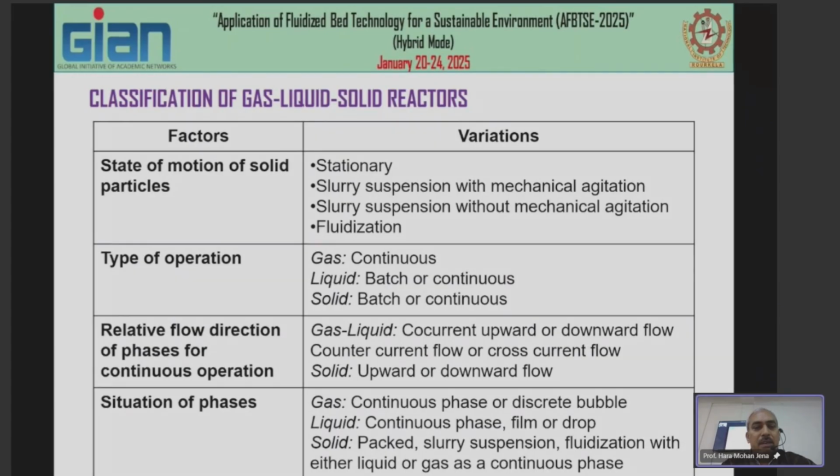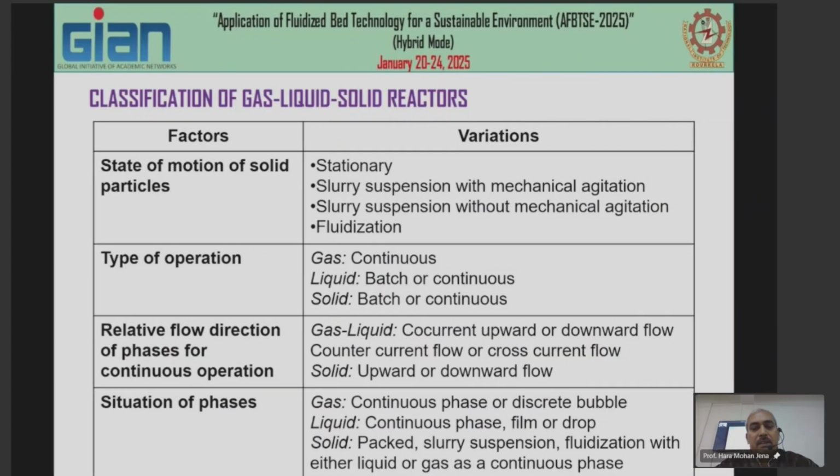Then the types of operation, the liquid phase or the gas phase. Gas is continuous, liquid is either batch or continuous, and solid is batch or continuous. The relative flow direction of phases for continuous operation: gas and liquid co-current upflow or co-current downflow, then counter-current flow or cross-current flow.